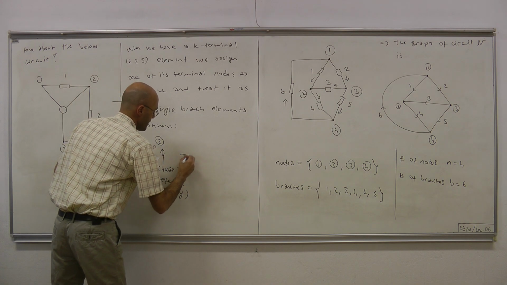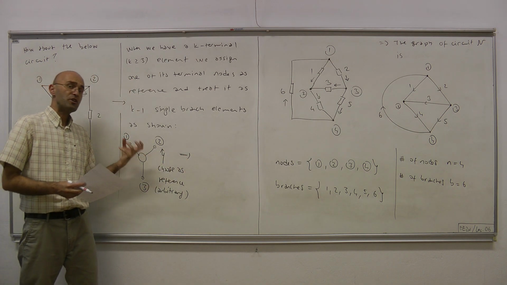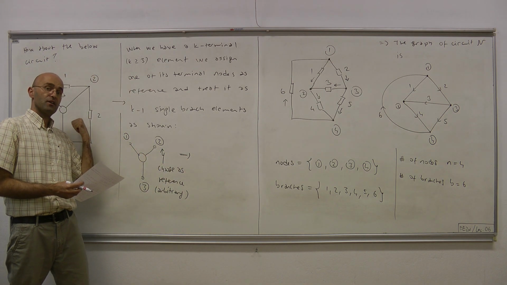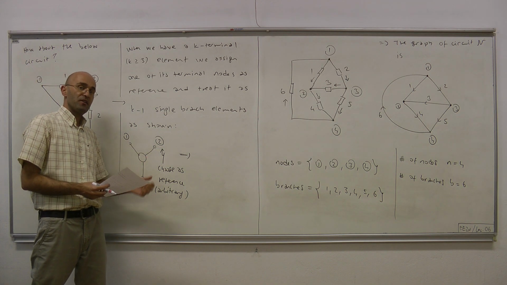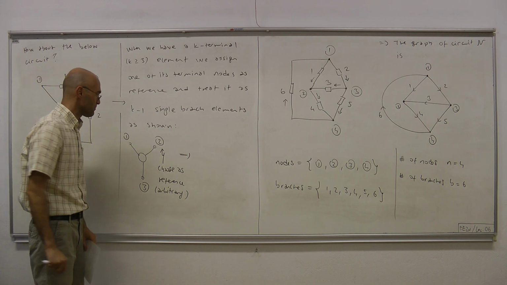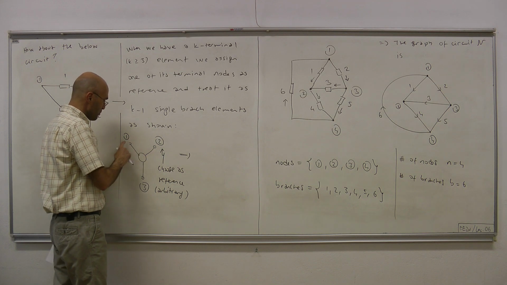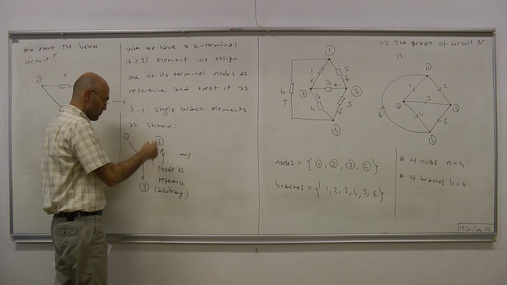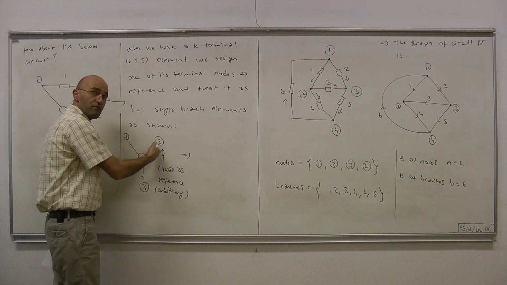Okay, and then when we're drawing the graph of the circuit, this component is represented by 2 branches. One branch is from the first node to the reference node, the other branch is from the third node to the reference node.